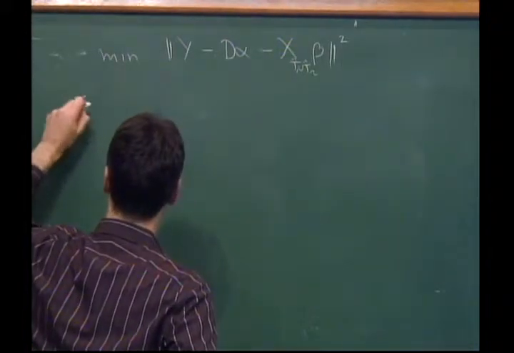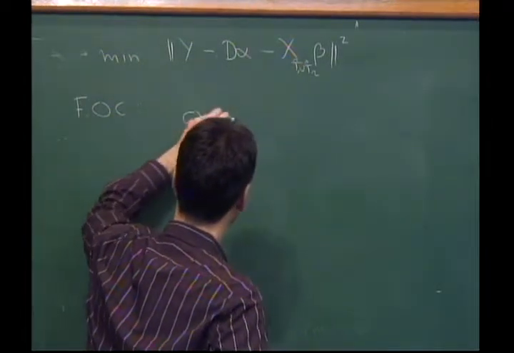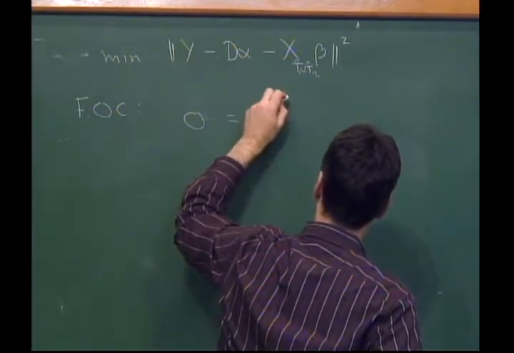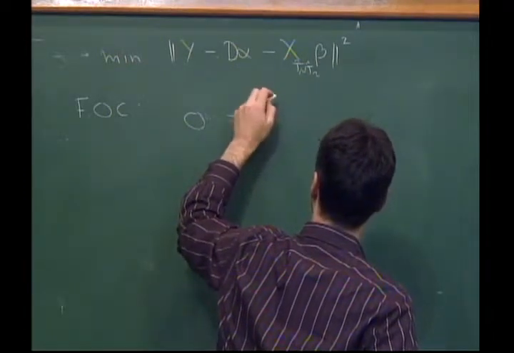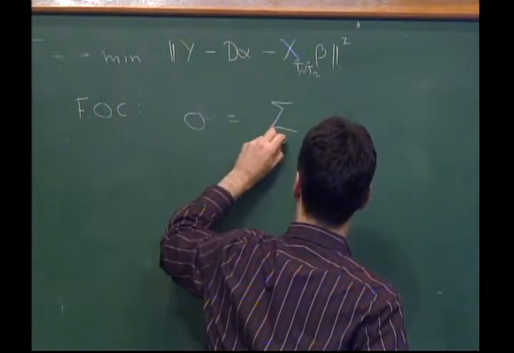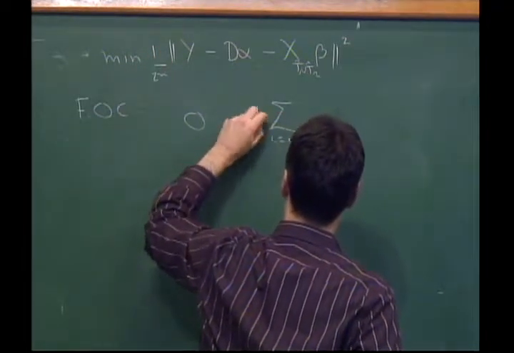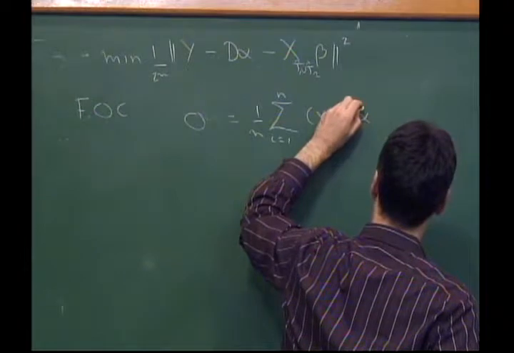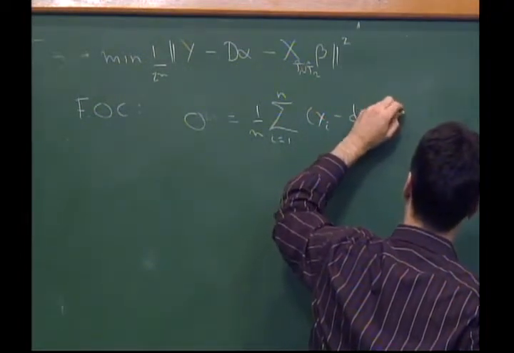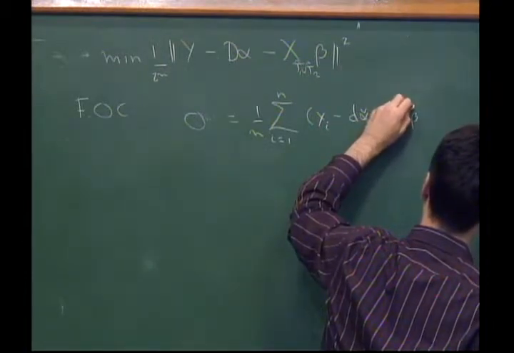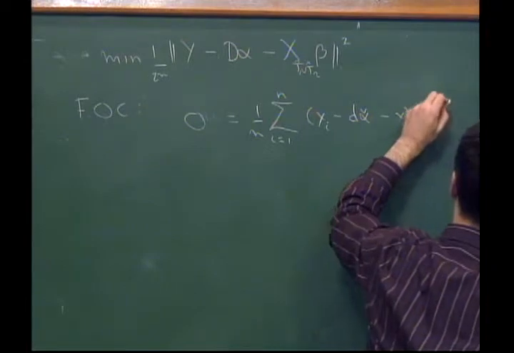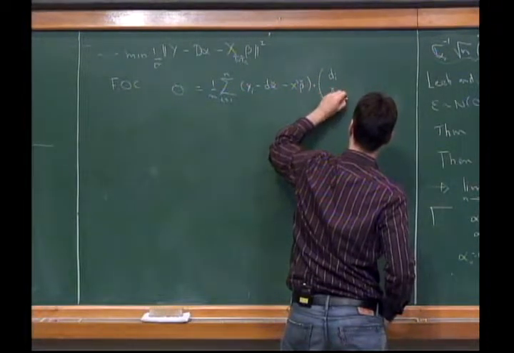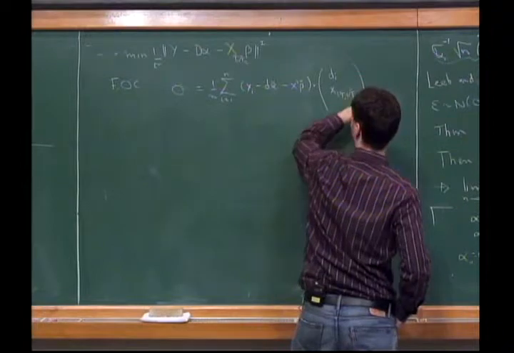When you look at the first order conditions, what's going to happen is that 0 equals 1 over n, summation i equals 1 to n of the residual, y minus d alpha check minus x beta check, times the vector of the variables d i, x on T hat 1 and T hat 2. That's the first order condition.